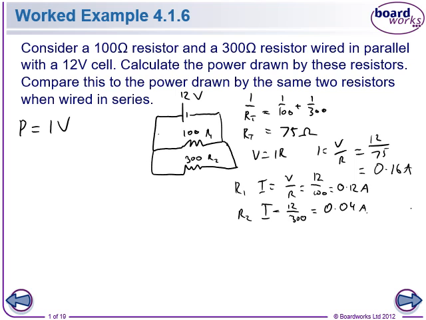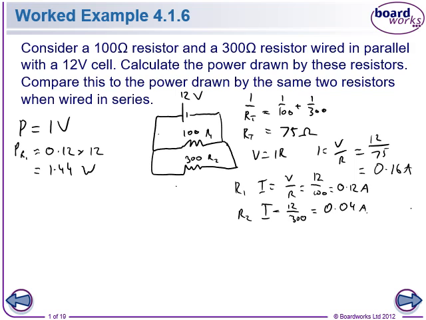So we have the current in each resistor, and we have the voltage in each resistor, so now we can work out the power in each resistor. All right, so the power in R1 is just equal to current times voltage, so our current is 0.12 multiplied by 12, 1.44. What's the unit for power? Watts. Good.